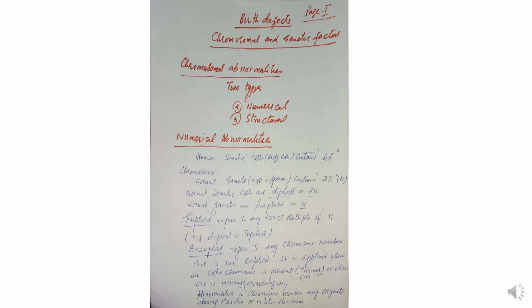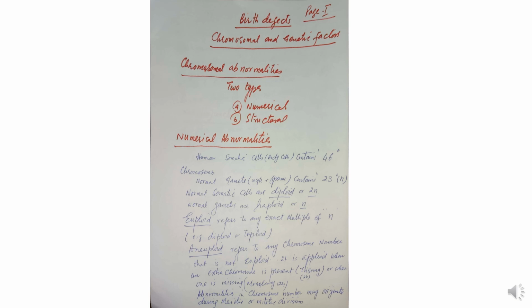Because there are 46 chromatids before the cell division starts, they develop their sister chromatids, and in this way they become double stranded, or 46 chromosomes or 92 chromatids. When the cell divides in mitosis, it gives one chromatid to each daughter cell, because there are 92 chromatids in total. 46 will pass to one daughter cell, 46 will pass to another daughter cell, and then they will develop their replica, and the process continues.